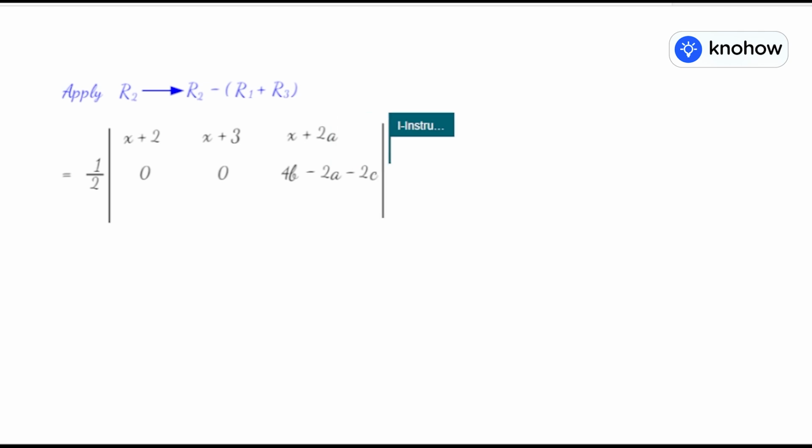In the next step we'll see how to tackle it, keeping row 3 as such, that is x plus 4, x plus 5 and x plus 2c.